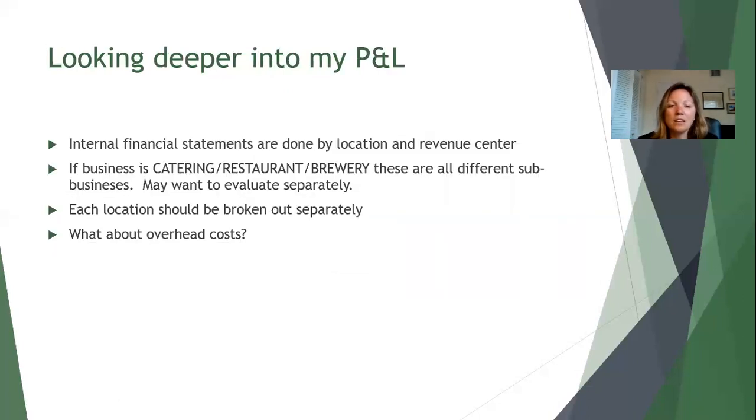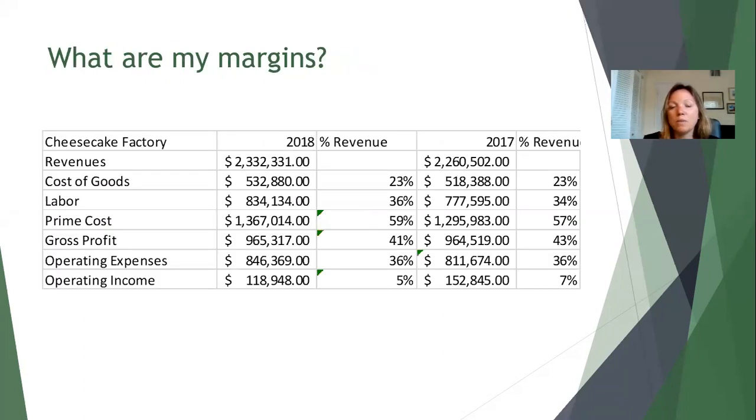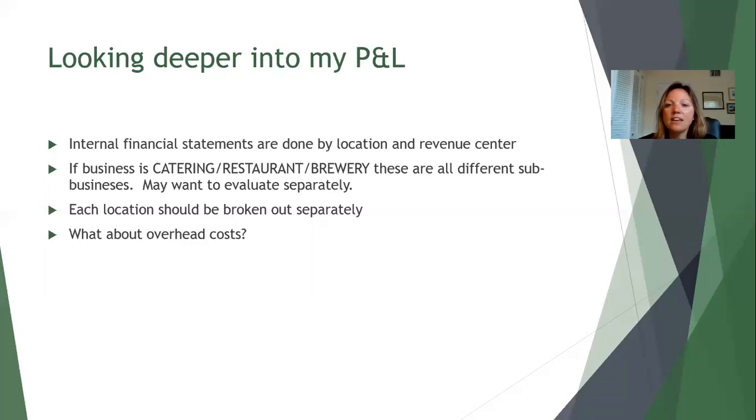Okay, so looking into my P&L, what you may want to do for your own P&L is really break out the different revenue centers that you have in your business. So if you have one P&L for, say, 2 locations, you would probably want to see if you could do this by location, because again, that matching principle and really analyzing the performance of the business, you want to make sure that you're looking at one business, one operating center if we can.